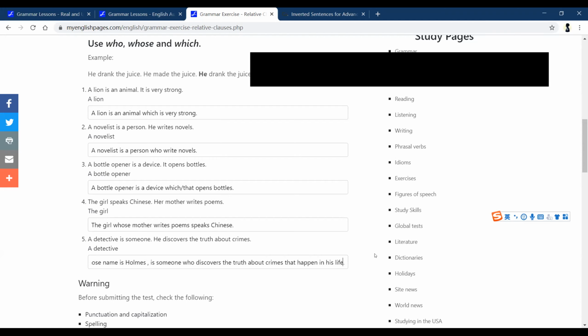And we can even continue, like about crimes that happen in his life, which has been portrayed by a novelist.